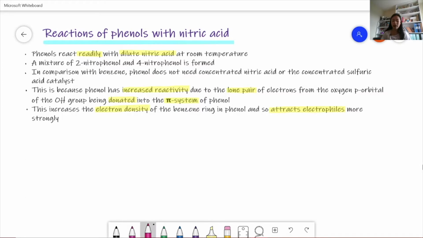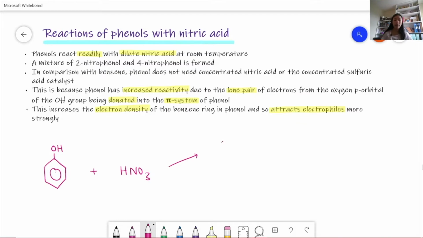So the reaction we have is that we have a phenol. So we have benzene and then OH. And then we add some nitric acid, so this is dilute. And we can form 2 products. The first product we can form is 2-nitrophenol.